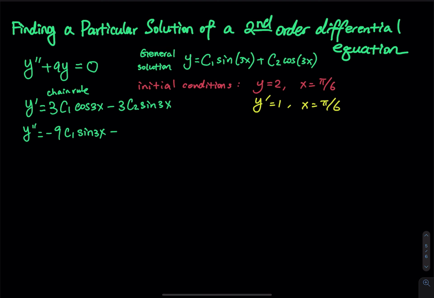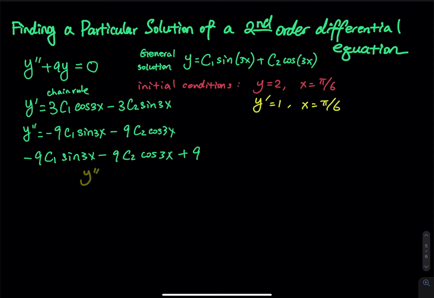And then this will be a 9 c2 cosine 3x, and then you do the verify, so you have negative 9 c1 sine of 3x minus 9 c2 cosine, I wrote x, it is supposed to be 3x, let's correct that, 3x. So this one is my y double prime, and then my plus 9y, so y is given, the general solution, 9 times c1 sine of 3x plus c2 cosine of 3x, that is equal to 0, so this is my y.